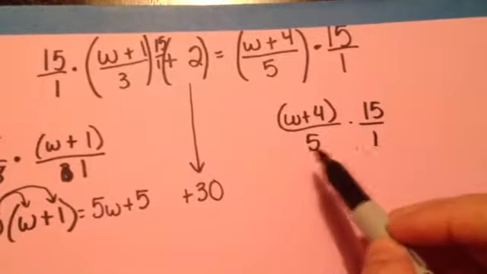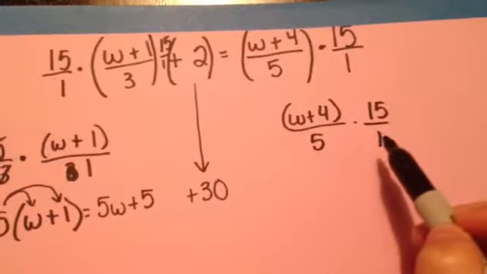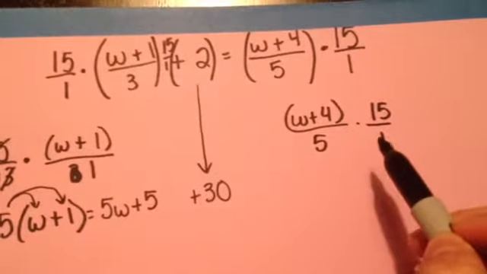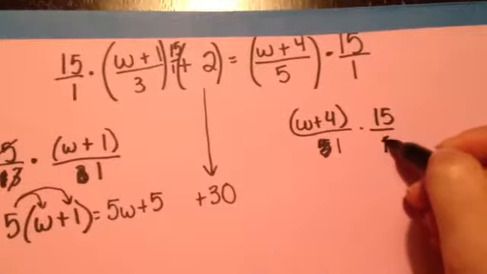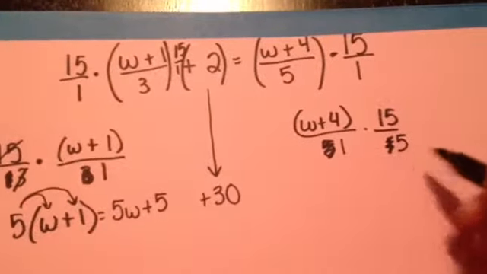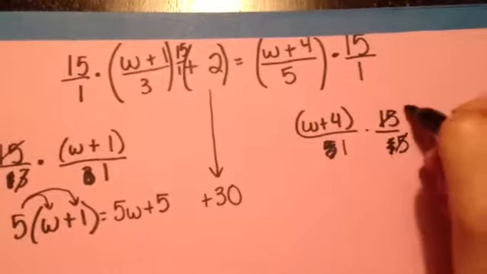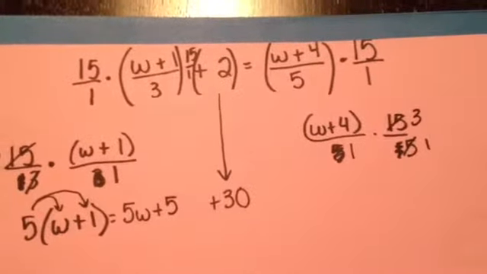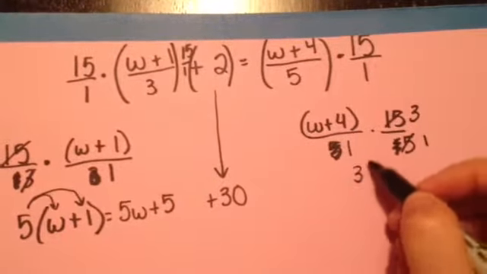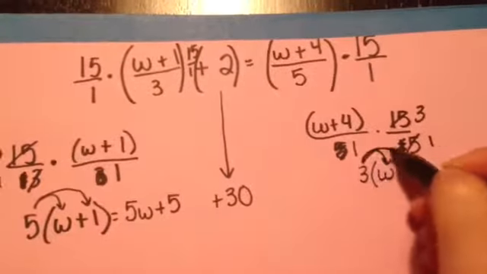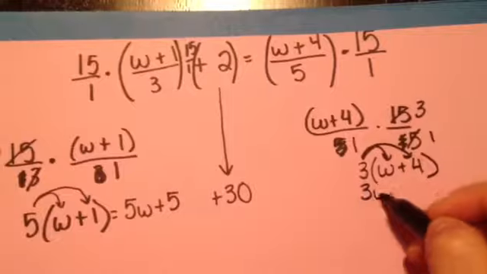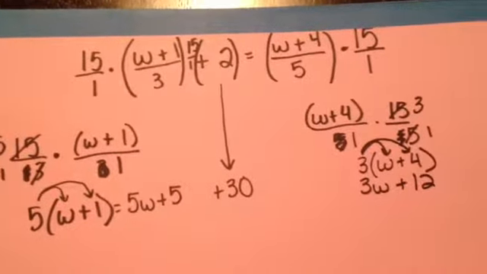Again, because of the commutative property, I can switch the 5 and the 1. So 15 over 5 reduces to 3 over 1, or just 3, and I'm left with 3 times w plus 4. Using the distributive property, I get 3w plus 12.